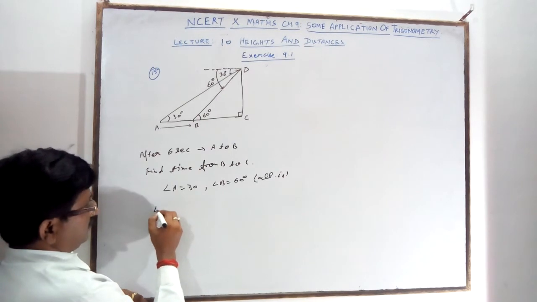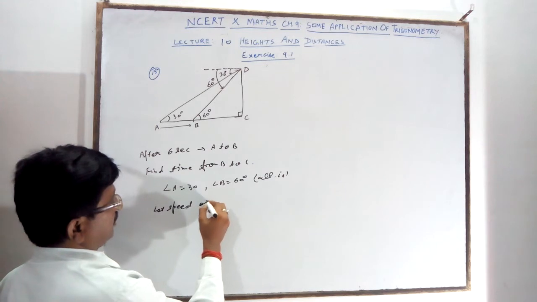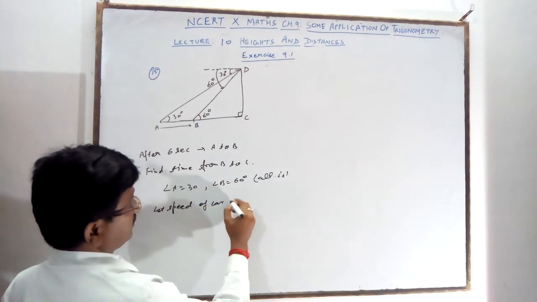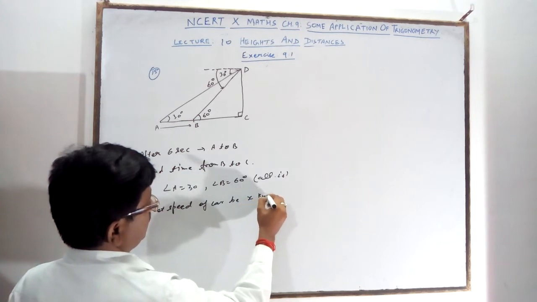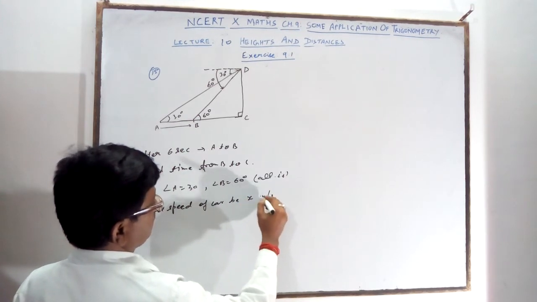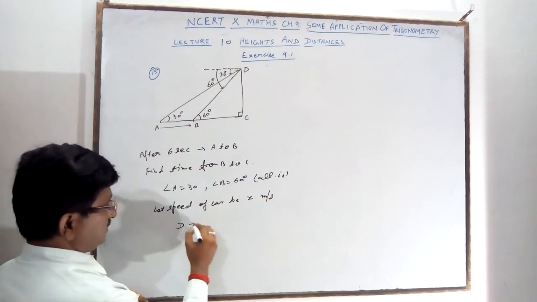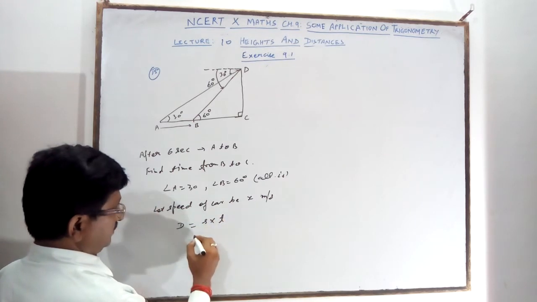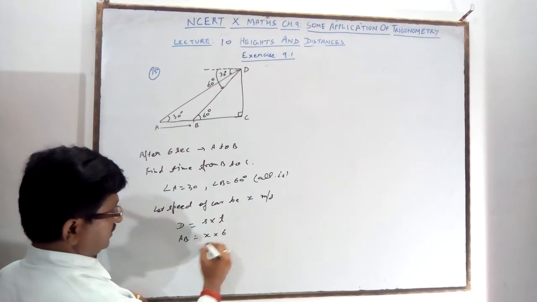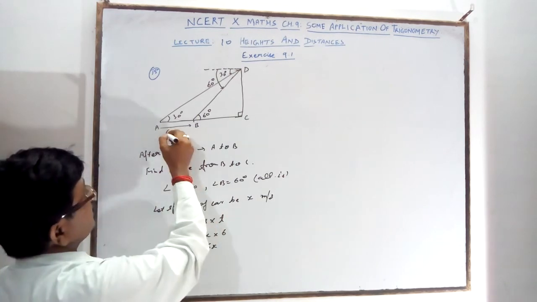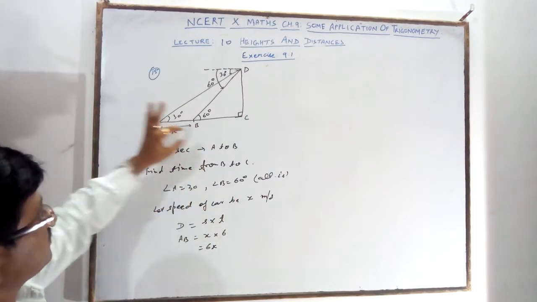Now let the uniform speed of the car be x meters per second, because time is given in seconds. Distance is equal to speed into time. Therefore distance AB is equal to x into 6, that is 6x. In 6 seconds it covers 6x meters.